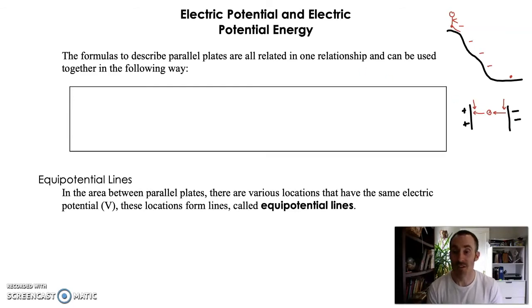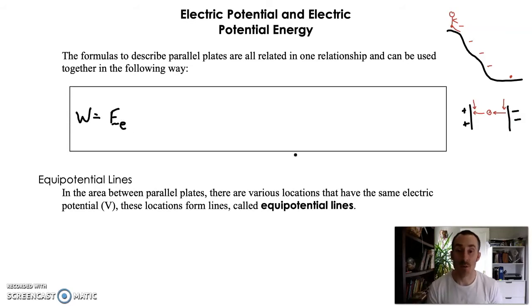Now, we're going to delve a little bit more deeply into all of the relationships that we can see here. So we're going to start out with work. So right now, we're just going to detail a whole bunch of relationships that have come about because of all of these relationships that we've been looking at leading up to now. So, specifically talking about electricity, work is equal to electric potential energy.